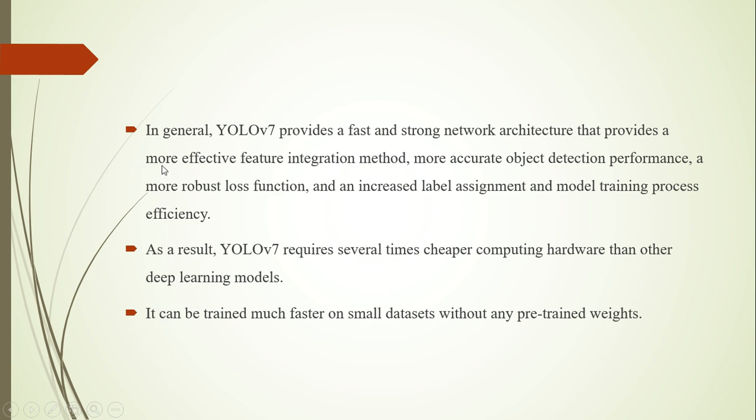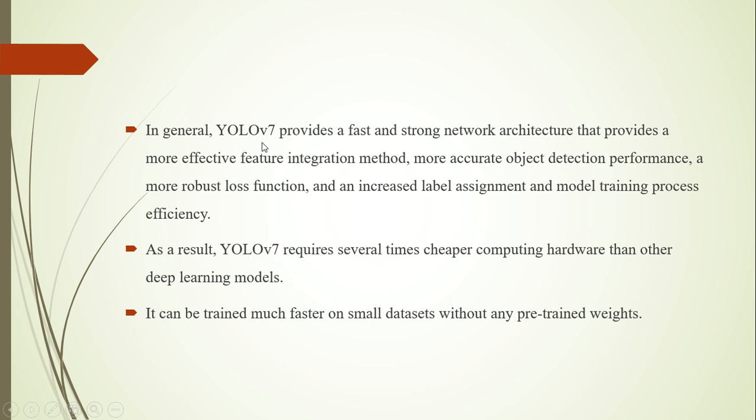In an upcoming session I will go through an example in Google Colab where we can work with YOLO V7 for a far better understanding. As a result, YOLO V7 needs several times cheaper computing hardware compared with other deep learning models.